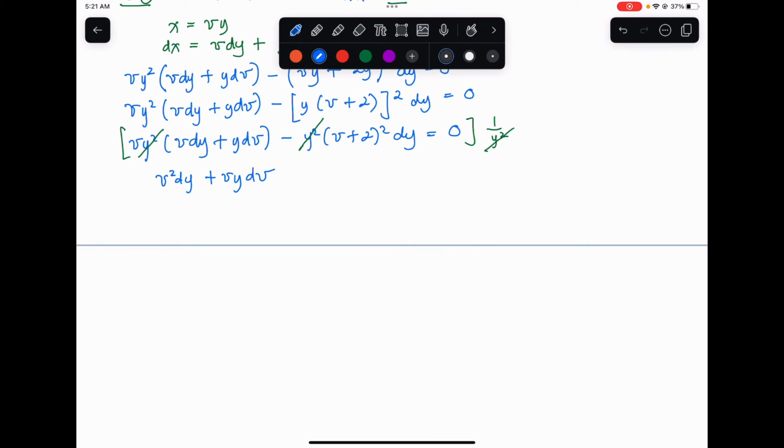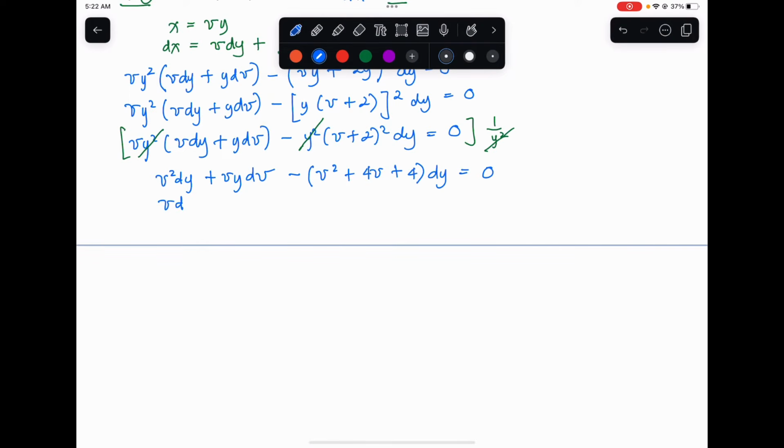And then expanding this, so negative v squared plus 2 times v times 2, 4v plus 4 dy is equal to 0.